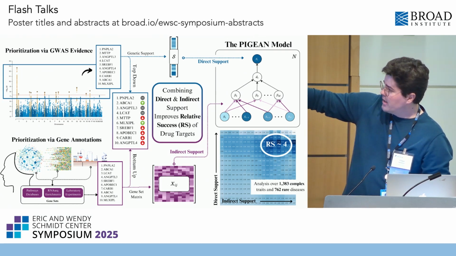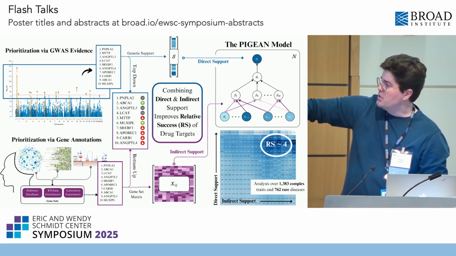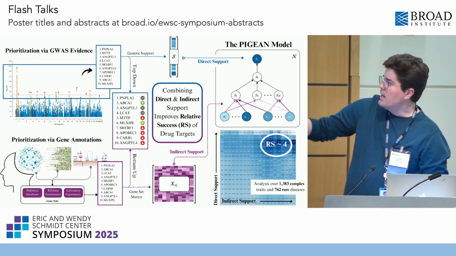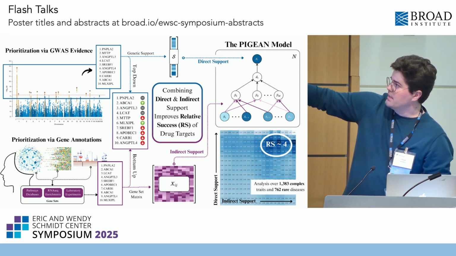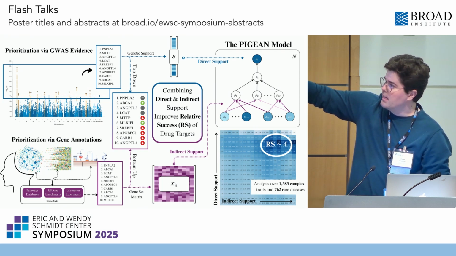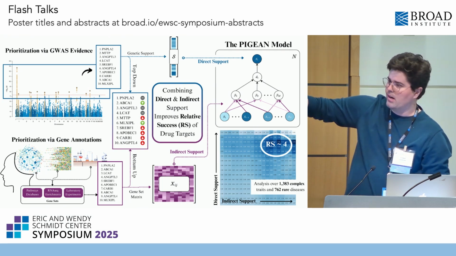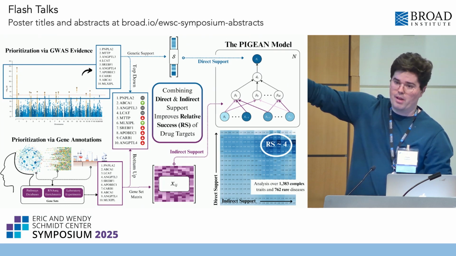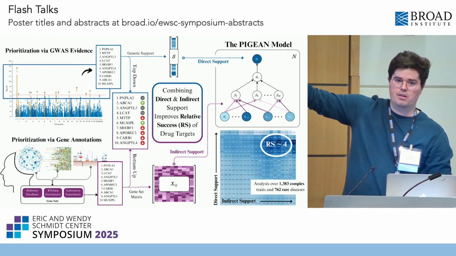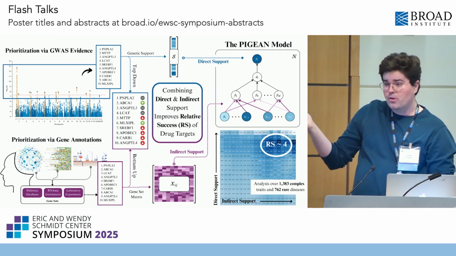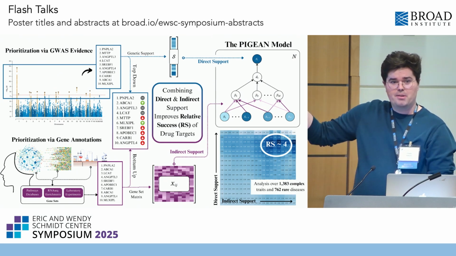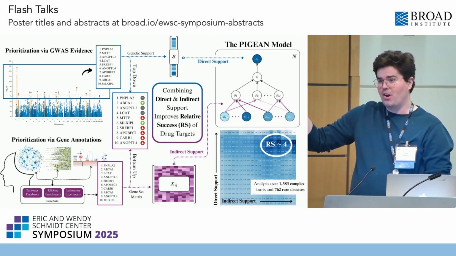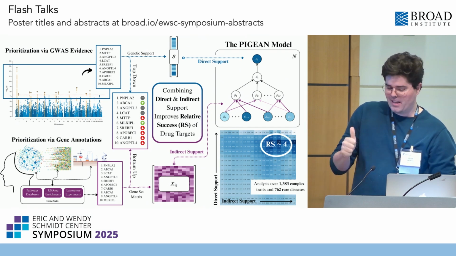And what we see here is, now that you have these two axes of direct support and indirect support, you can have a continuum of drug target success. And by using both of these modalities in the statistical Bayesian framework, you can get really good relative success compared to just using genetics alone. So if you want to learn more, come to poster 22, and let's run some Pigeon on some of your prior knowledge and your gene sets. Thanks.